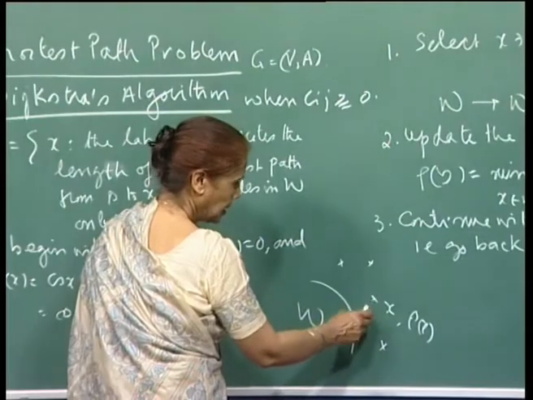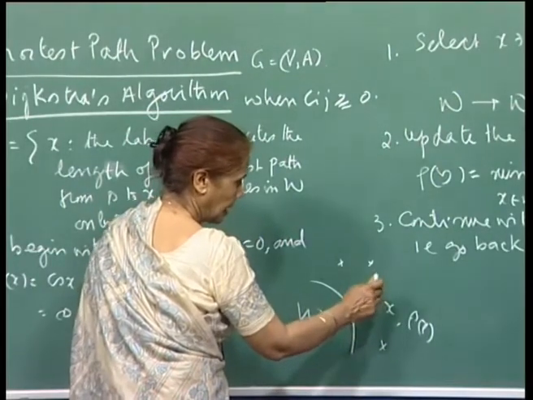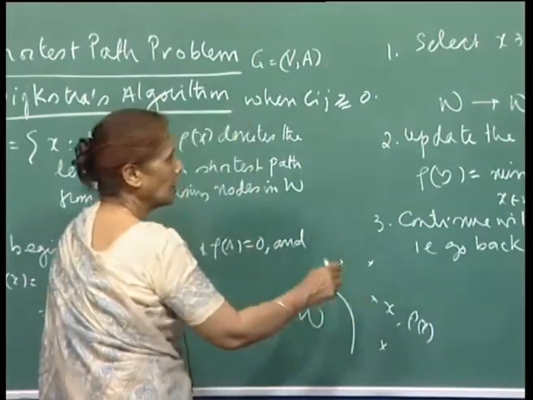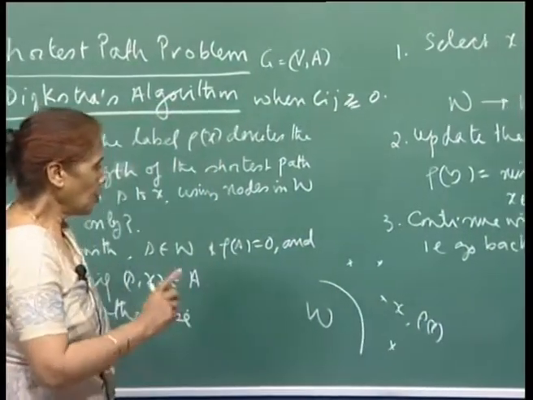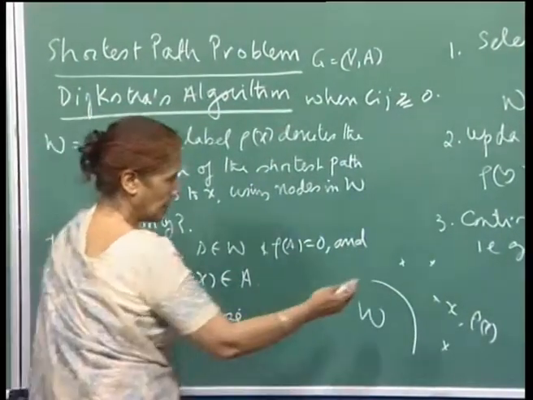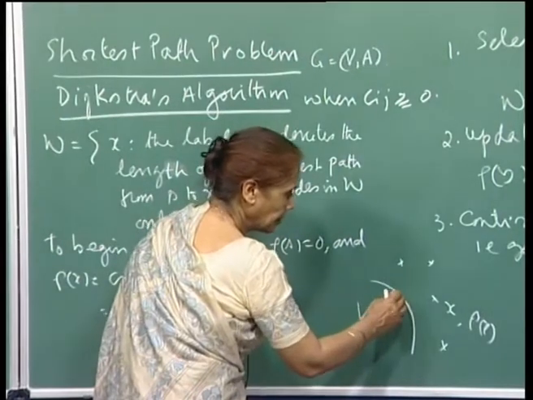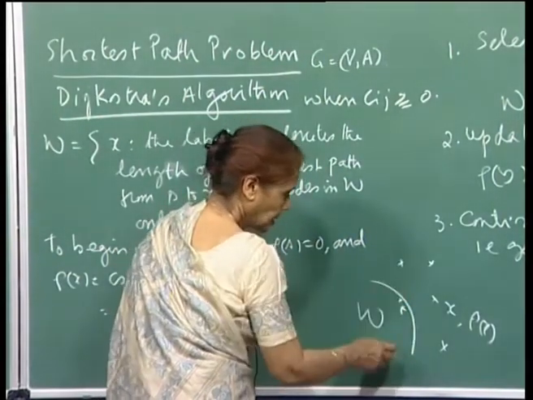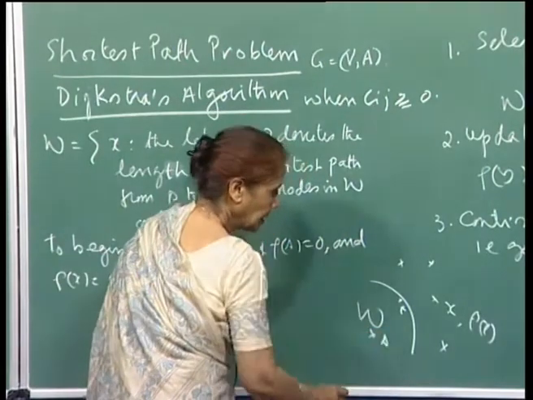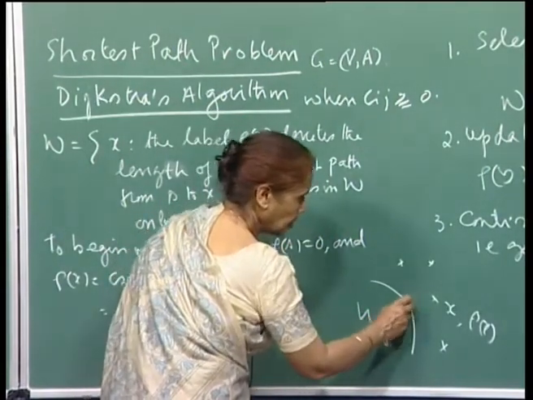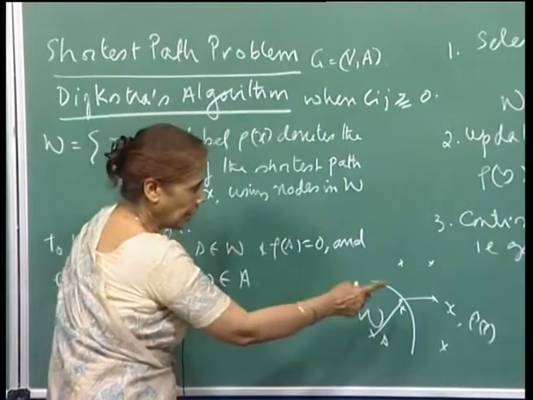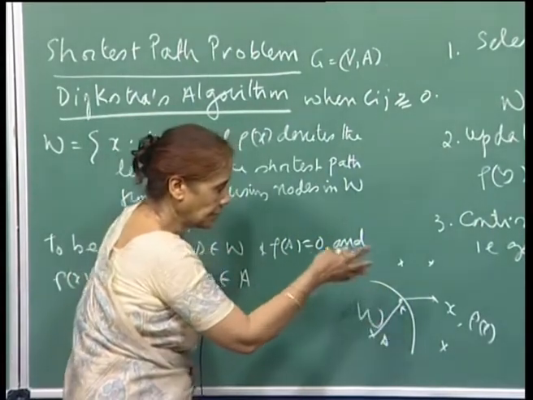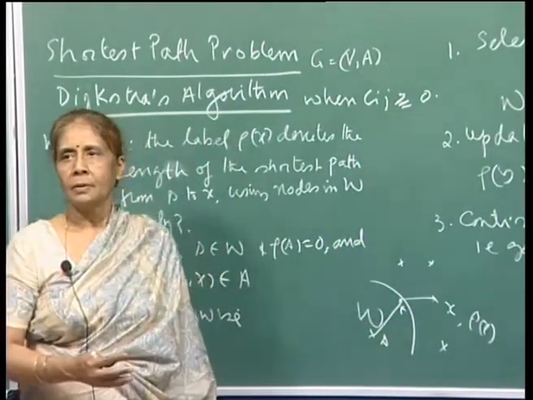Right now rho X represents, since I will add X to W, the length of the shortest path from S to X by using nodes of W only.